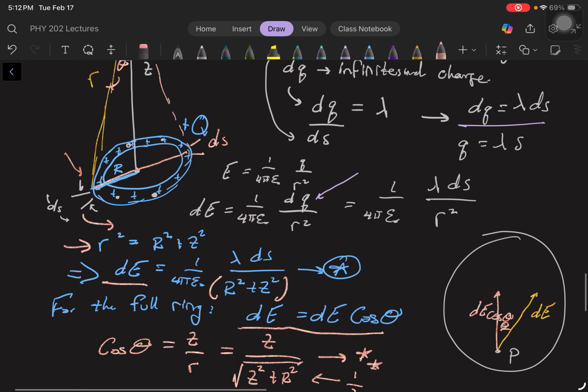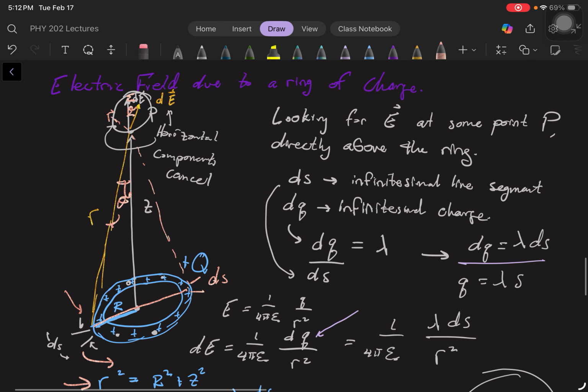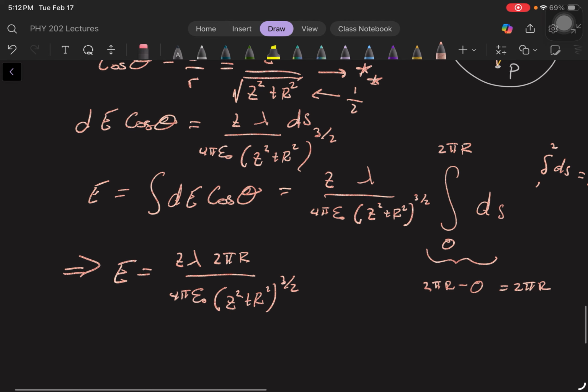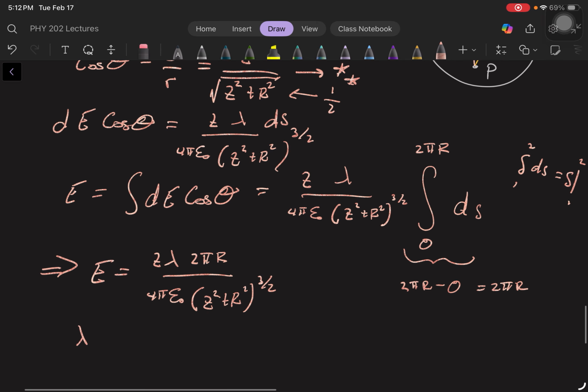And let's see what we have up here. Oh, I think I erased it, but we said that if lambda is equal to charge over 2 pi r, charge per length of a circle, then we can say lambda 2 pi r is equal to q.